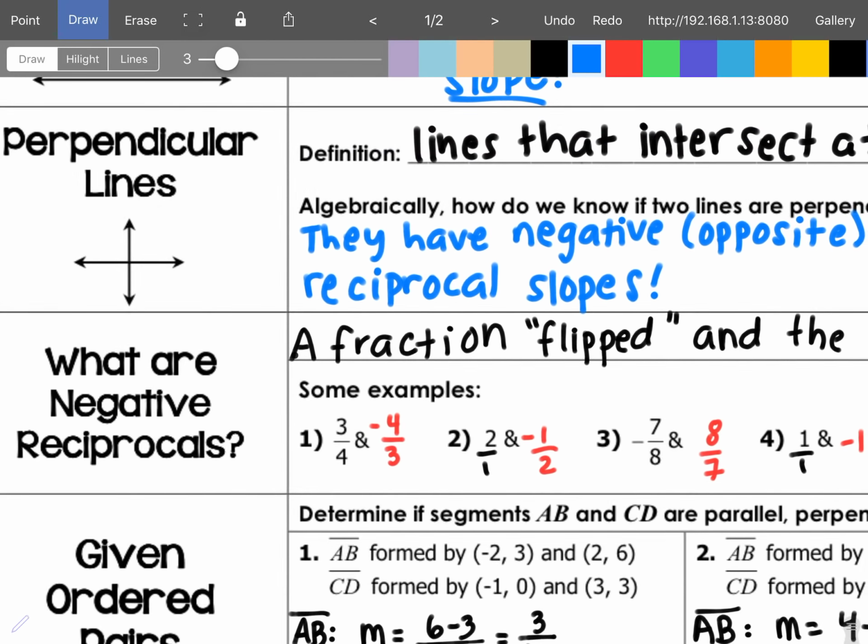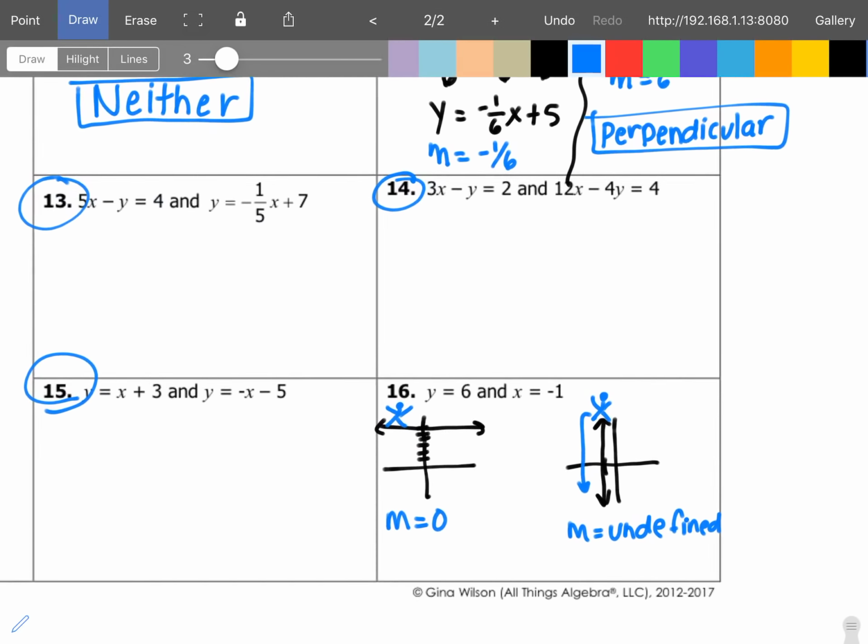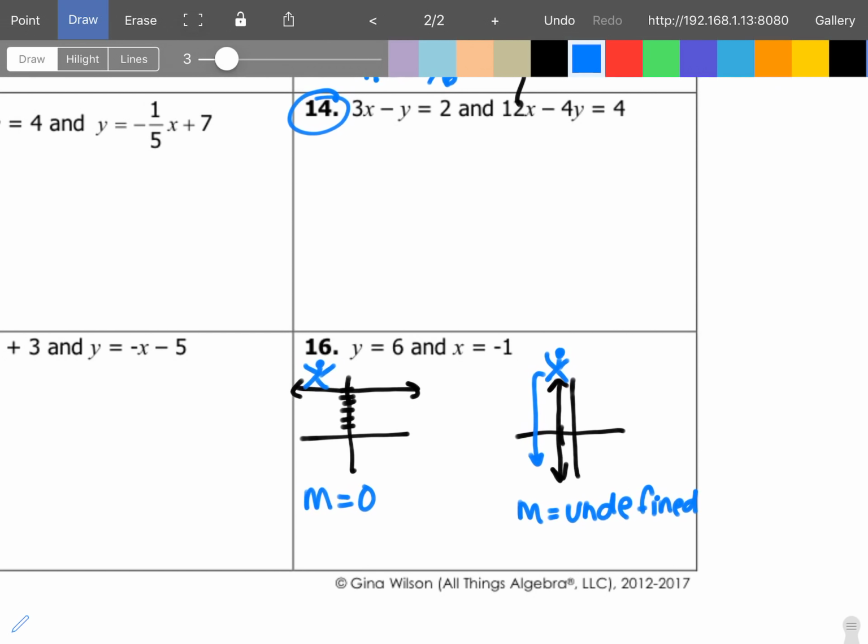And negative reciprocals mean that they're perpendicular, right? So when you have both m equals 0 and m equals undefined, both of these lines are perpendicular to each other.